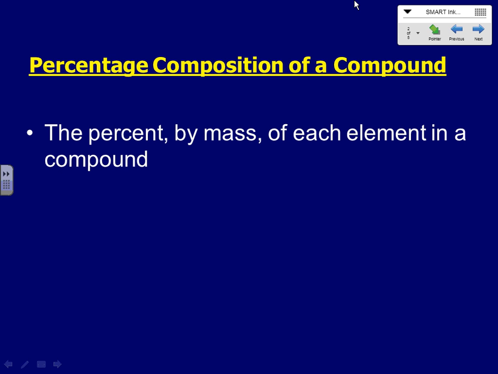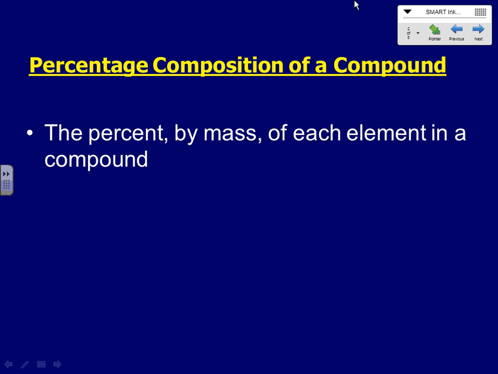So really, when we say percent composition, it's a mass percent. How much of the mass of an entire water molecule is oxygen, and how much of the mass of an entire water molecule is hydrogen? So it's a very straightforward calculation.